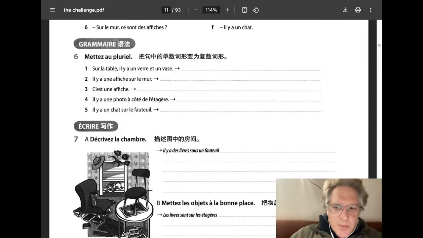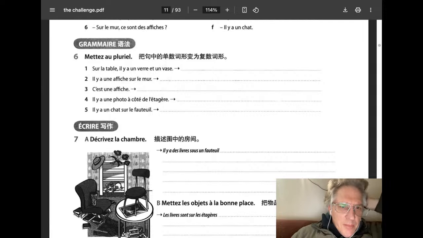Because why would you say there's posters next to the mirrors? Sur la table, il y a des verres et des vases. I don't have a problem with that. But I think il y a une affiche, une becomes des, il y a des affiches with an S. Sur le mur, rather than sur les murs. She put sur les murs.